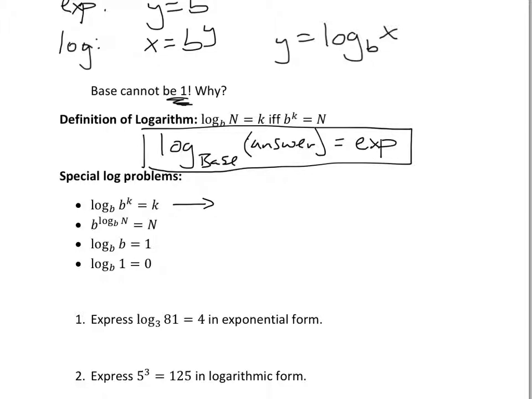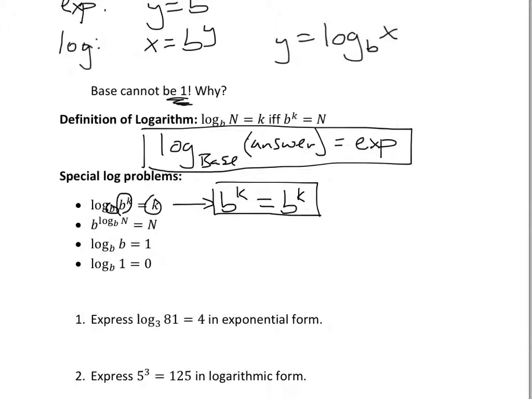So log base b, the base of my exponential is b, of the answer b to the k, equals the exponent. b to the k equals b to the k. That makes sense. That's why that always works.